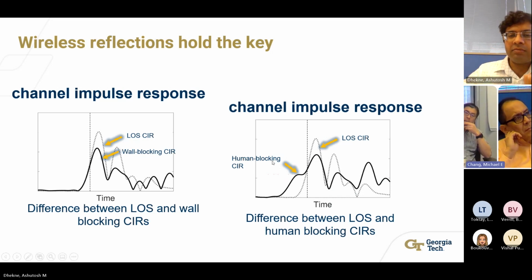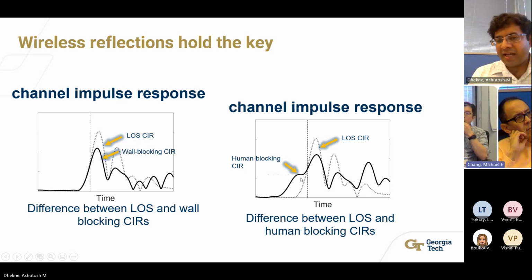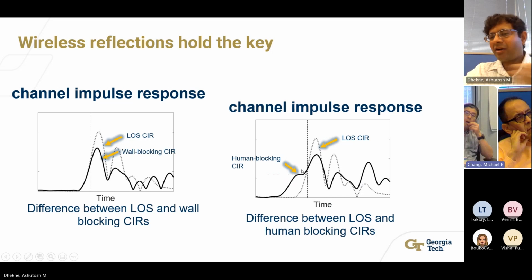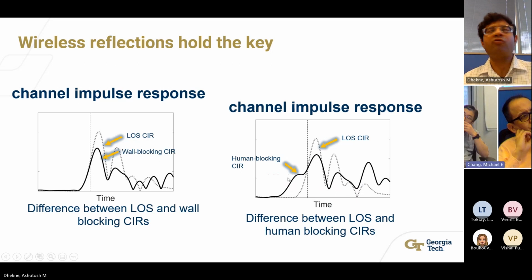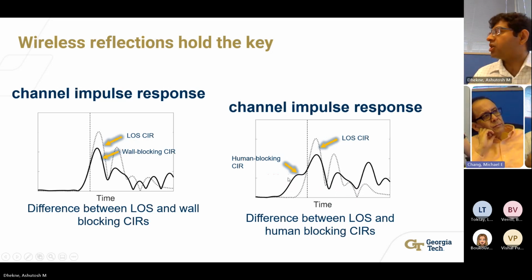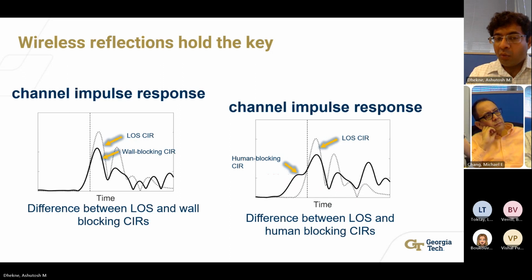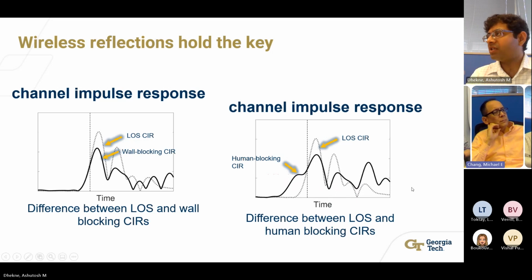Or if a human is walking along, the first path gets blocked because the human body has a lot of water. And then there are lots of other tiny paths that add up, and this creates a mess of a channel impulse response. And you can still detect that maybe this looks like a person walking through rather than an obstruction or a wall.